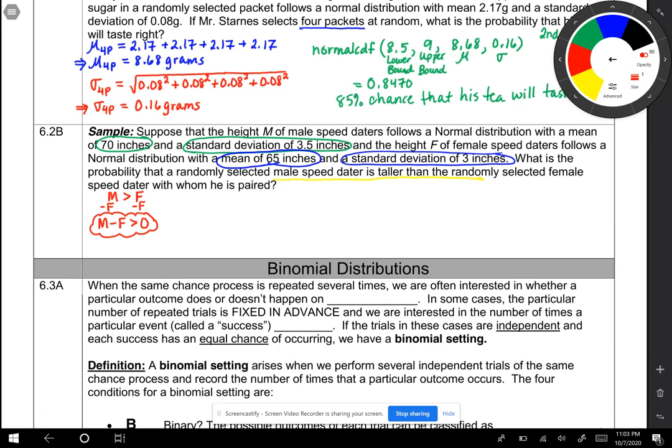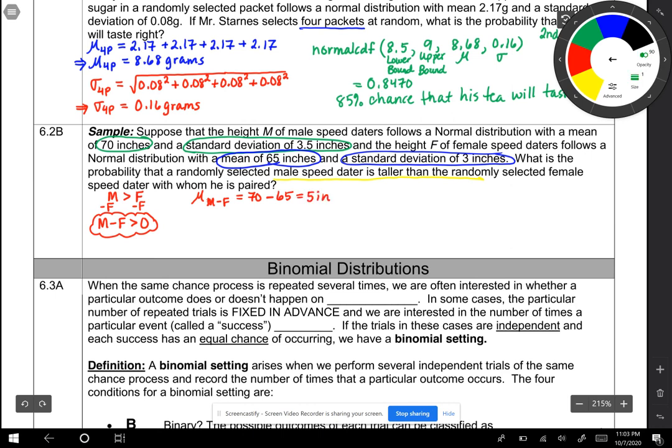Now let's find the means and standard deviation. So the mean, male minus female, is equal to, okay, so the male mean was 70 inches minus the female was 65, so that's 5 inches.